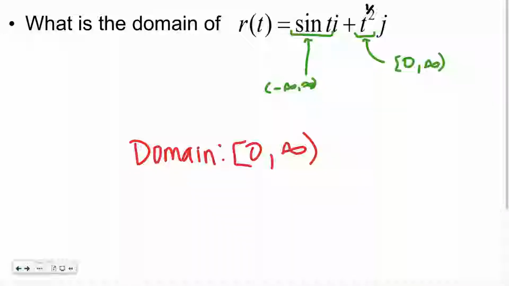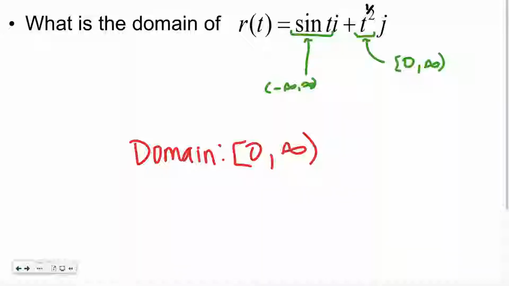So is that the domain of t? That's the domain of r, where t is the variable that we consider for our domain. So we're not looking at the x-axis or the y-axis. It's t. That is the domain.